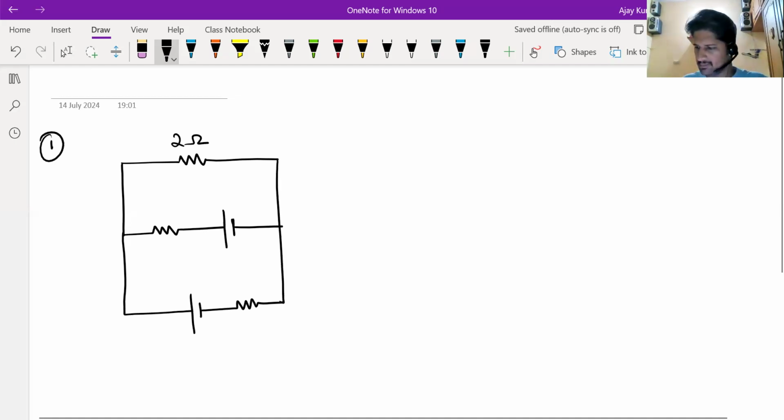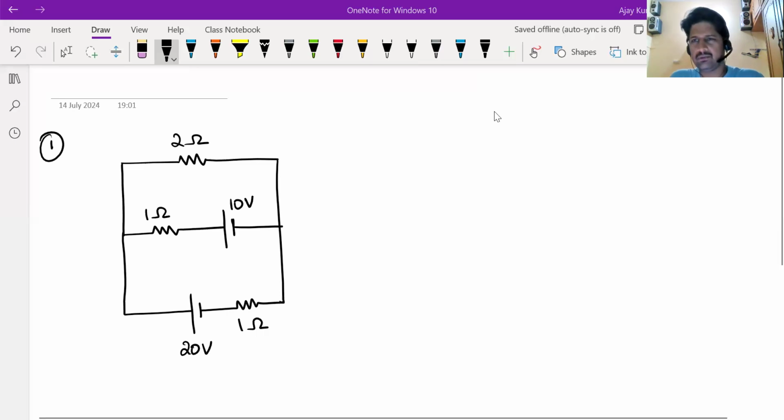Okay, it's not that simple, but let's say a circuit like this is given. 2 ohms, assume this resistor is 1 ohm. This resistor is also 1 ohm. Let's say this battery's voltage is 10 volt and this is 20 volts. You have to find out the current in every branch of the circuit. So some batteries and some resistors are present.